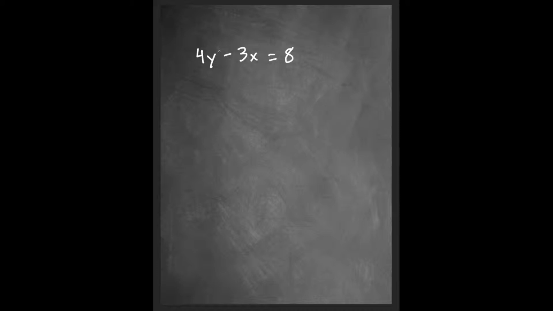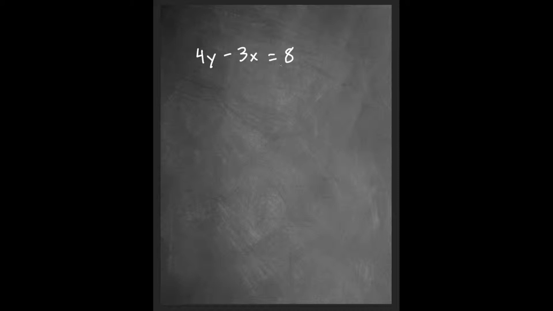But they don't have any higher exponents like a 2 or a 3. Also, x and y aren't being divided or multiplied anywhere, because that would not be a linear equation. So x and y are just standalone variables, and we've just got some coefficients.